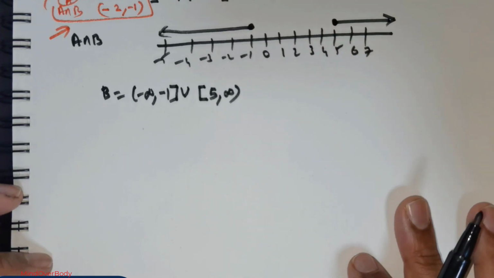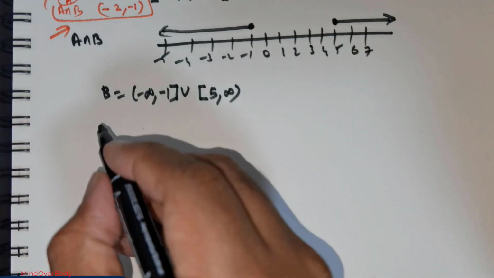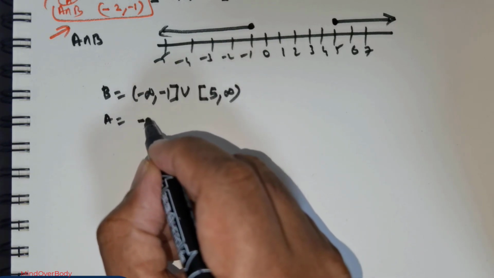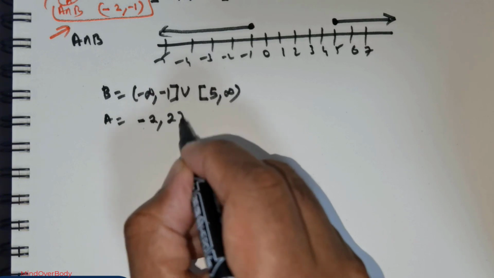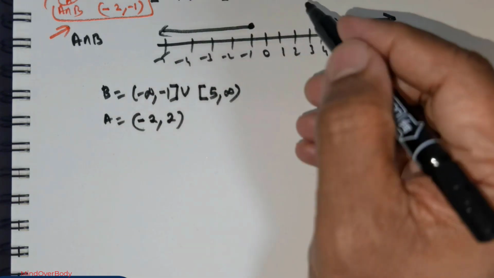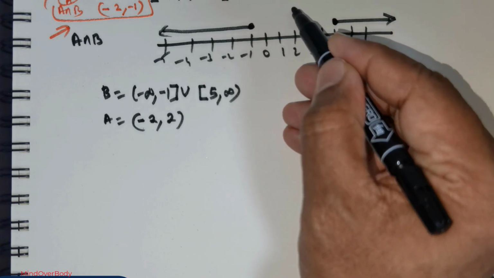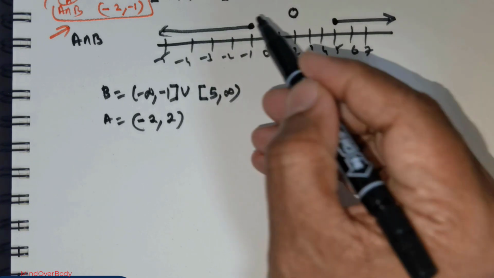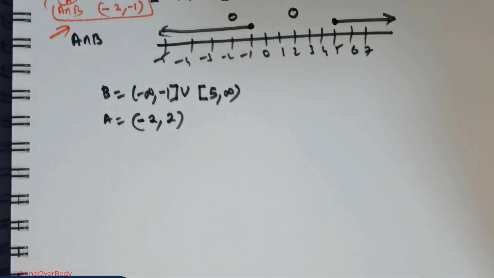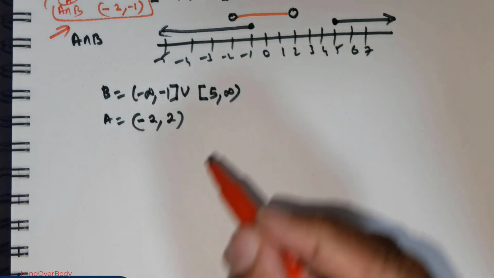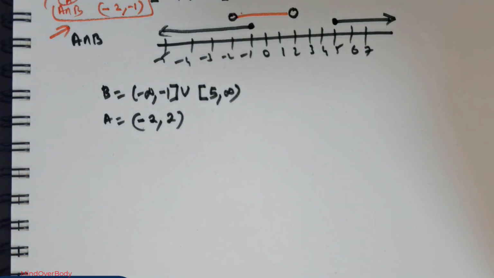Now we will have to put in the value for A. Now what is A? A is actually between negative 2 and 2. This is the set A. So if I were to place it, this is going to be open, this is going to be open, and this is the region, right, that we are talking about. So A intersection B, what would A intersection B be?